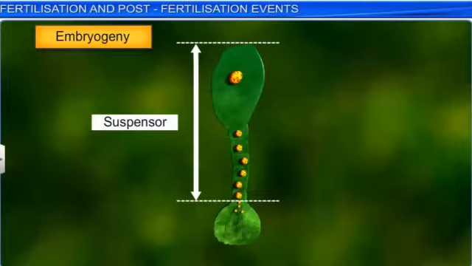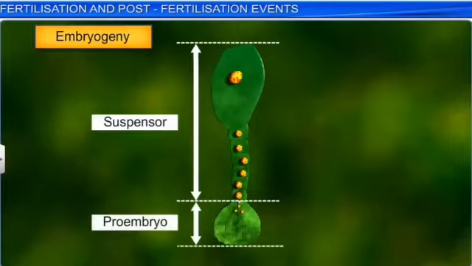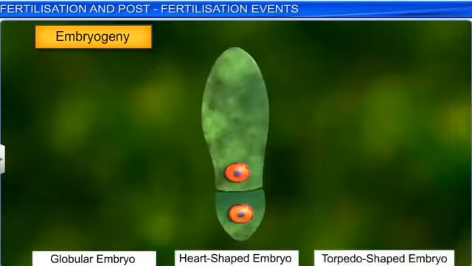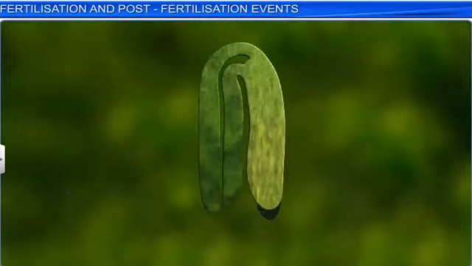Here we can observe the division of the cell giving rise to the upper portion, that is the suspensor cells, and the lowermost cell known as the pro-embryo, which will further help in the formation of the complete globular embryo. Also, the heart-shaped embryo is formed, and later on the torpedo-shaped embryo.